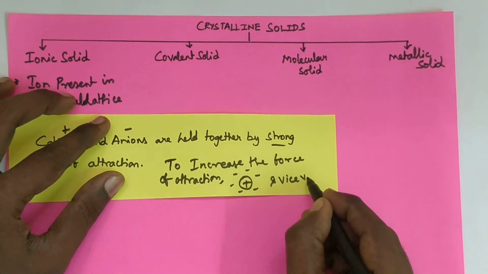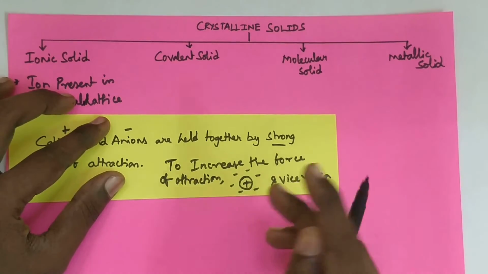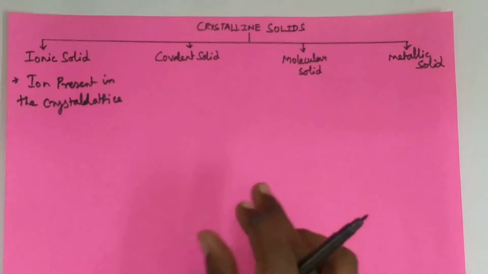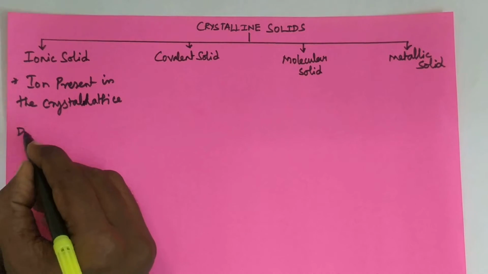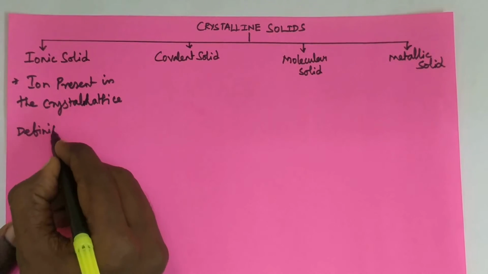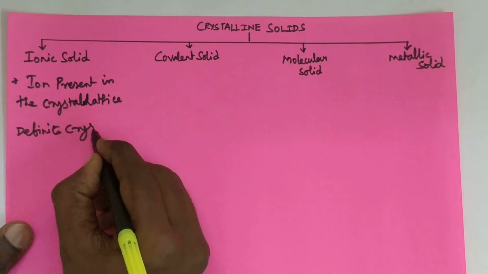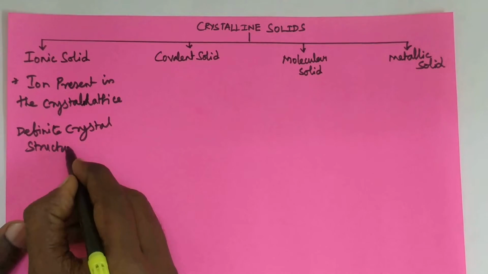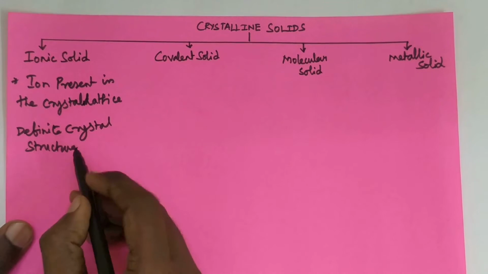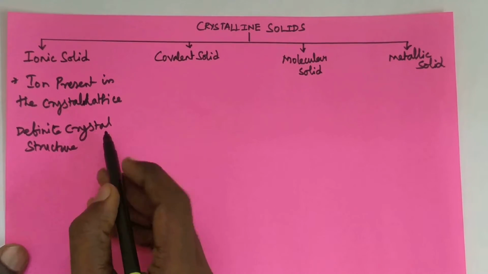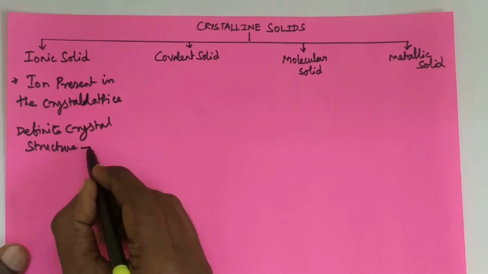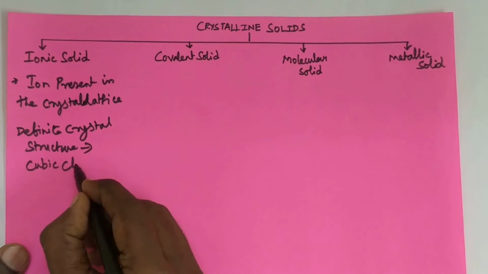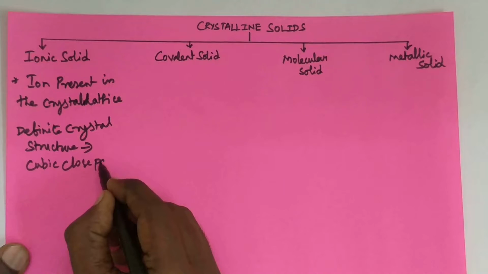Vice versa means anions are surrounded by cations. Because of the strong force of attraction, most of the ionic solids have a definite crystal structure. Important point: all the ionic solids have a definite crystal structure, which means a cubic close packed arrangement.